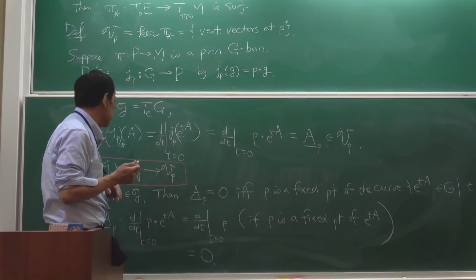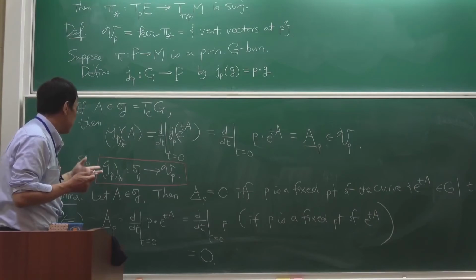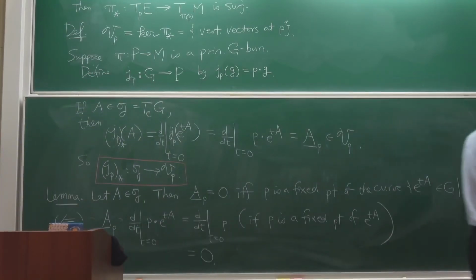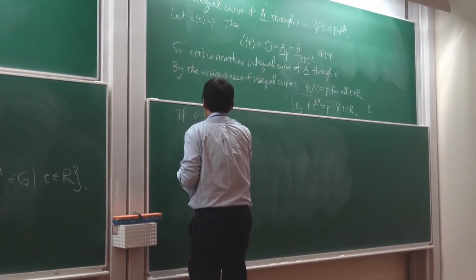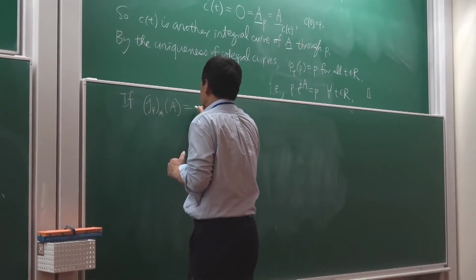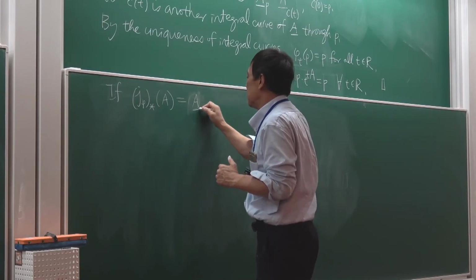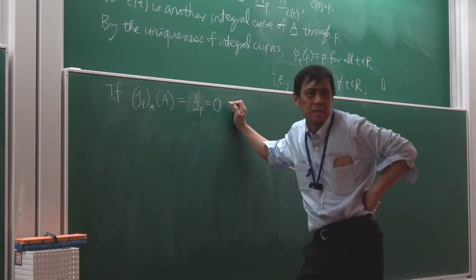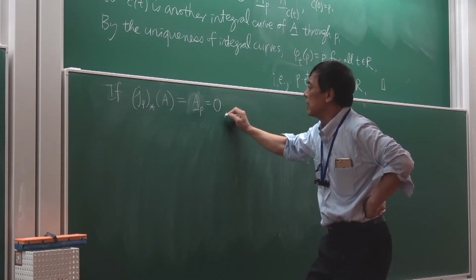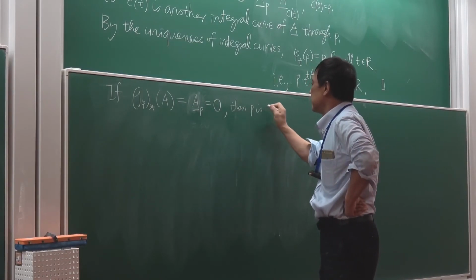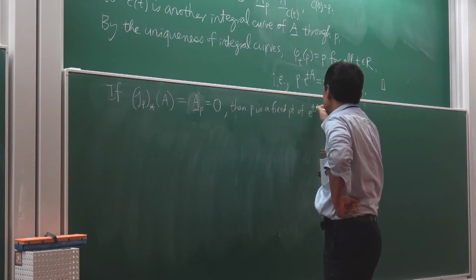So these have the same dimension, and so if JP is 0, well, that means A bar P is 0. Then P is a fixed point, e to the TA.